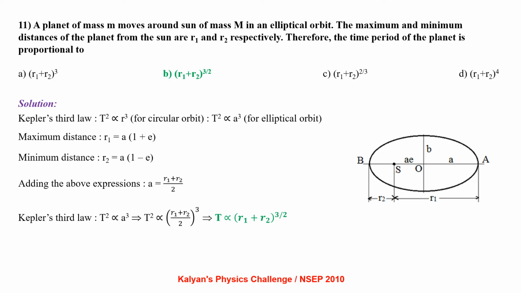Maximum distance r1 equal to a of 1 plus e. Minimum distance r2 equal to a of 1 minus e, where e is eccentricity of the ellipse. Adding the above two expressions, we get a equal to r1 plus r2 by 2. So applying Kepler's third law, T square is proportional to r1 plus r2 whole power 3 by 2.